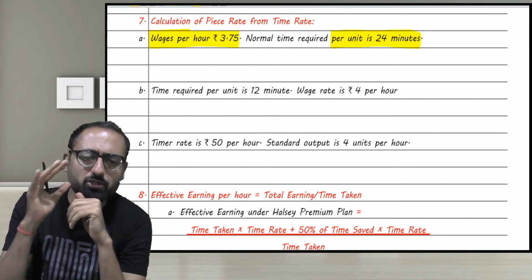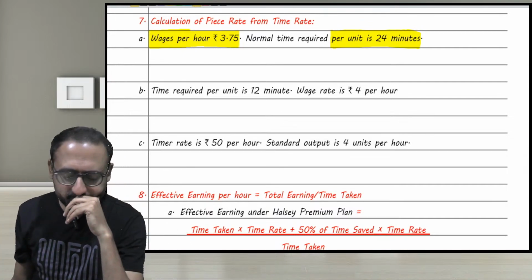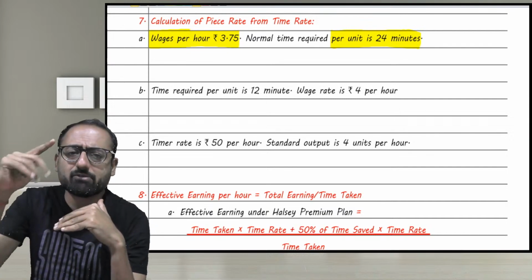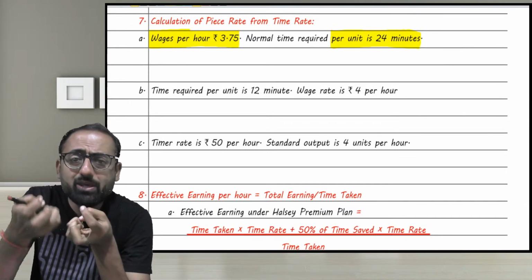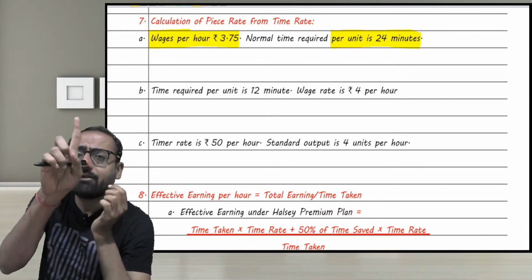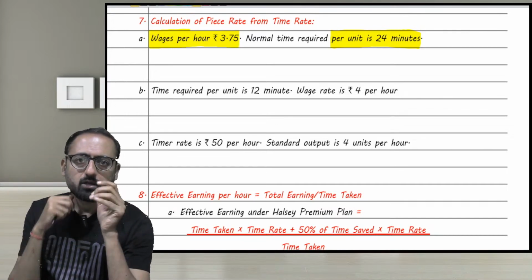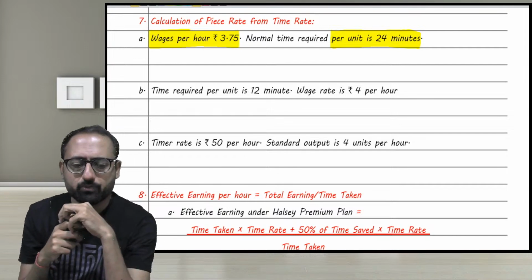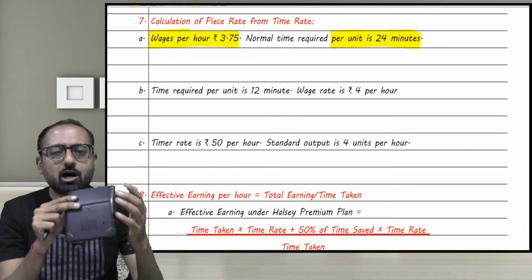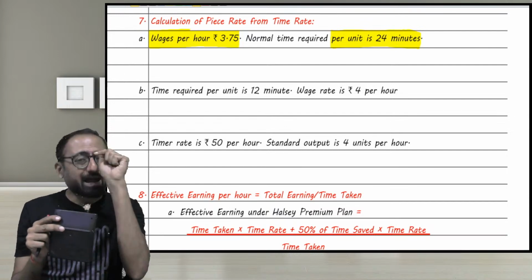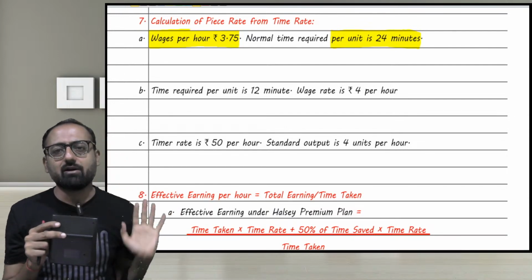Now my simple question to you, to understand this concept: by paying 3.75 to the employee, what is the employee giving to you in that 1 hour? Okay, I've changed the scenario now. You have paid the worker 3.75. Now you will have to calculate how many calculators will be produced by that worker in that 1 hour.